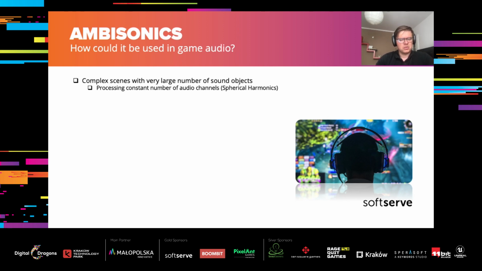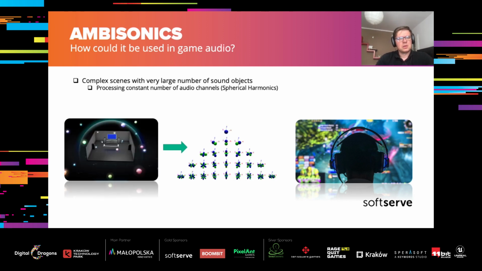Instead of processing hundreds of audio tracks, we can transfer them into the spherical harmonic domain, for instance to the 4th order, and then we have only 25 audio channels that can be further processed in the ambisonics domain. So we have a constant number of audio channels that does not depend on the number of sound objects that are present in the sound field.